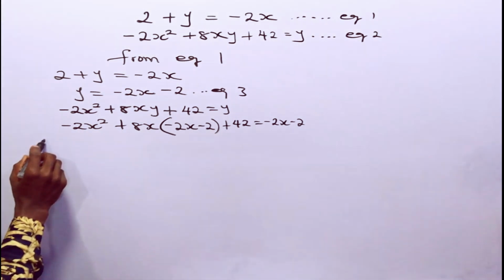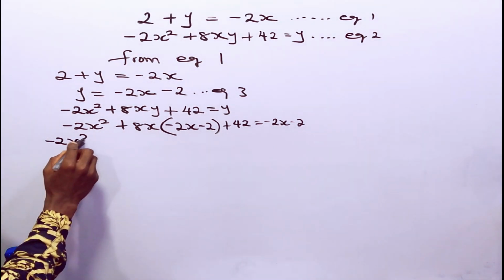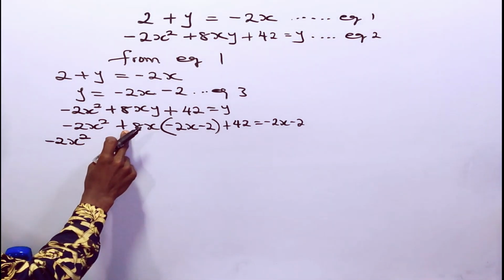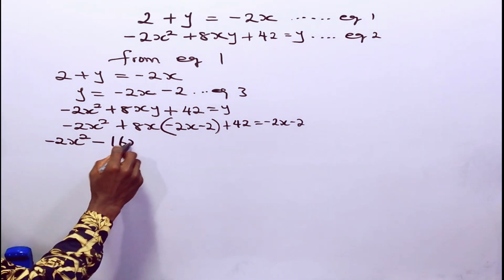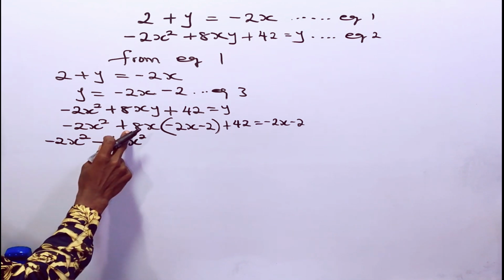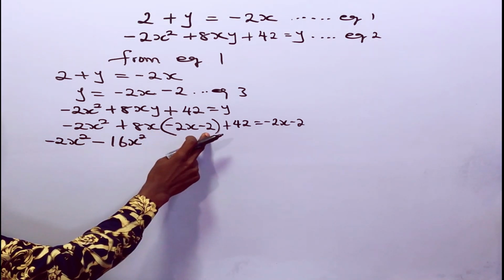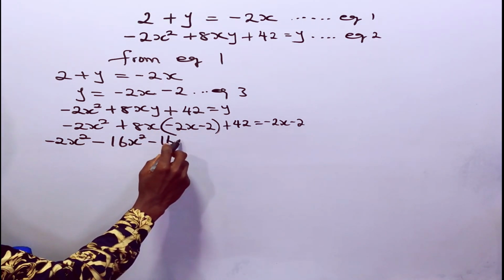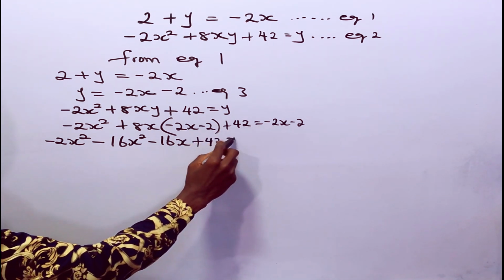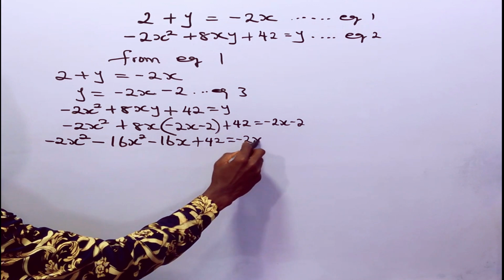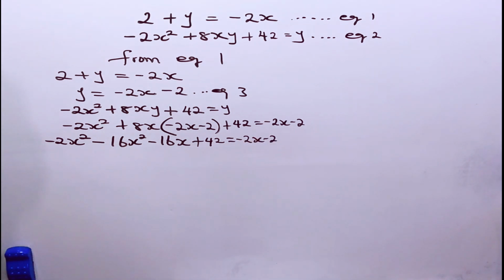Expanding this, we'll have negative 2x squared plus 8x times negative 2x is negative 16x squared. Now positive 8x times negative 2 is negative 16x. Now positive 42 is equal to negative 2x minus 2.